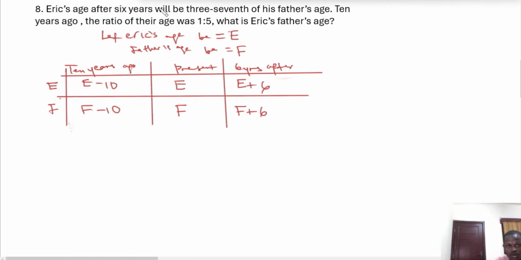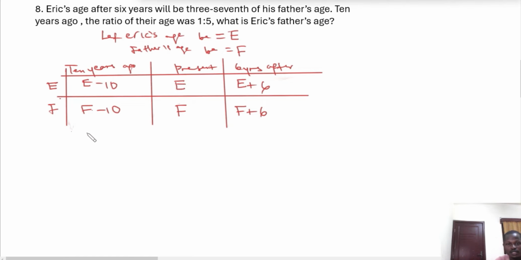Let's go through each of these statements, write an equation, and then find the age of Eric's father. We have here: Eric's age after 6 years will be 3/7 of his father's age.